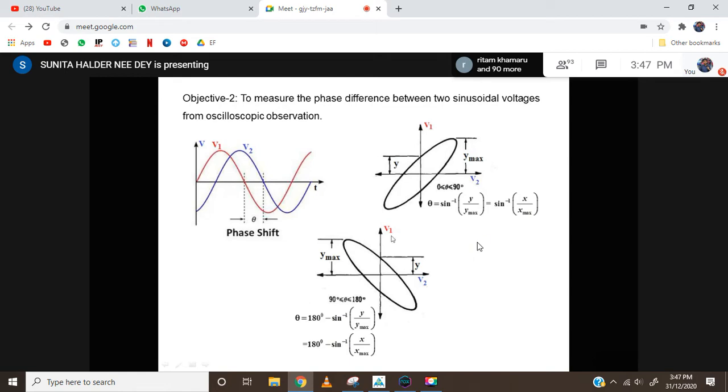And in this case, you always have to select the XY mode of the oscilloscope. If you change to X mode, you can see only the sinusoidal voltage V1. If you make it Y mode, you can see only V2. But in XY mode, you will get the Lissajous pattern.